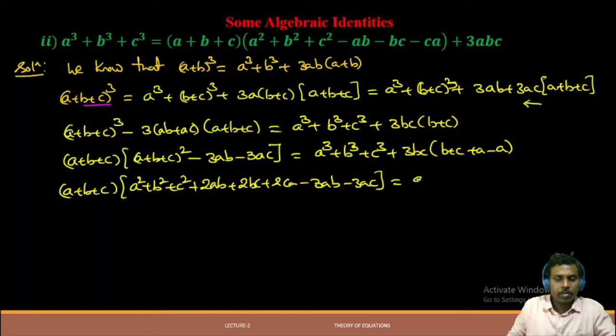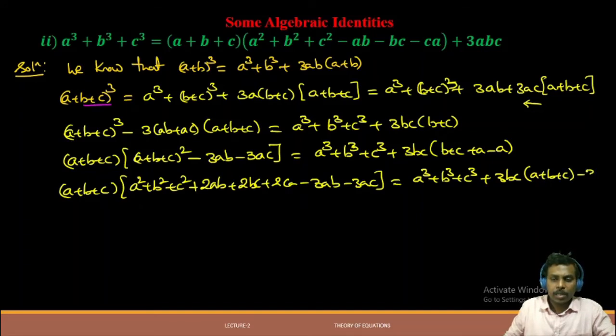That is equal to a cube plus b cube plus c cube plus 3bc into a plus b plus c minus 3abc actually.